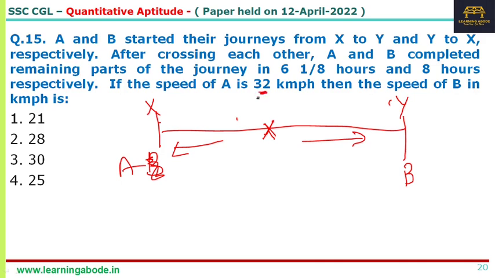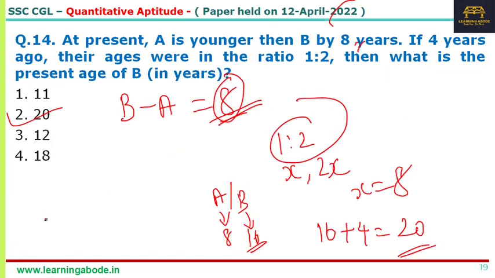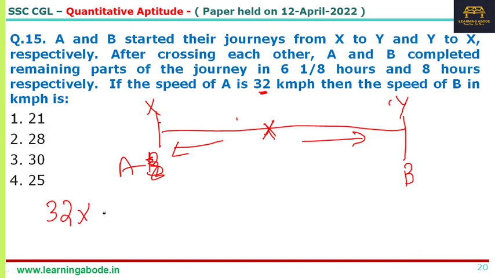A's speed is 32 kilometers per hour, and A takes 6 1/8, which is 49 by 8, as the time to reach the destination after meeting. So that will be 196.